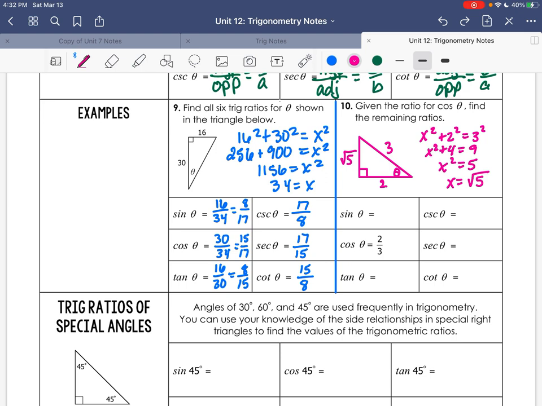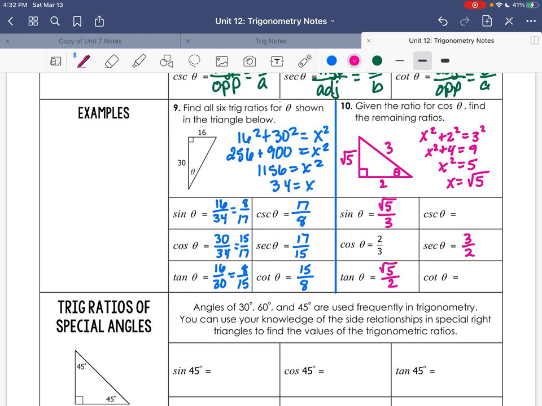So then the sine is going to be opposite, which is square root of 5, over hypotenuse. And tangent is going to be opposite over adjacent. So those are easy. Secant is also easy because it's just 3 over 2 because we just flip that cosine.